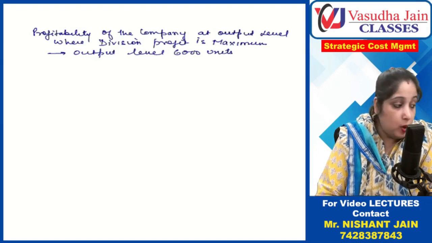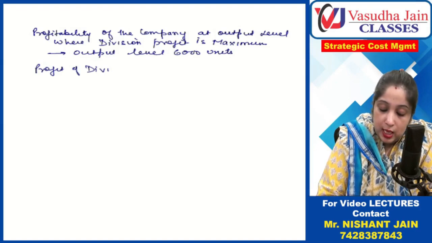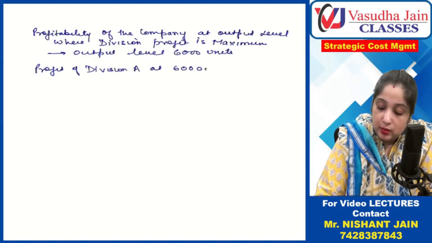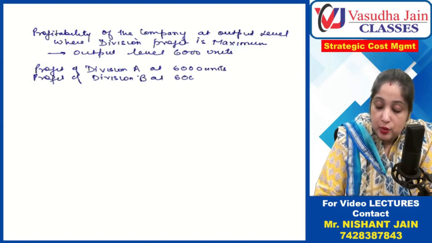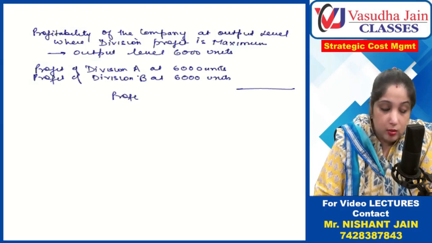What is the profit of division A at 6,000 units? And we have to also write the profit of division B at 6,000 units. Then only we can find out the profit of a company as a whole.